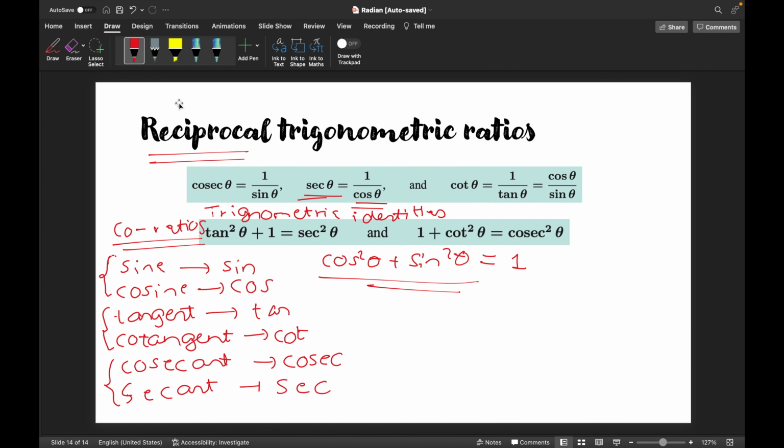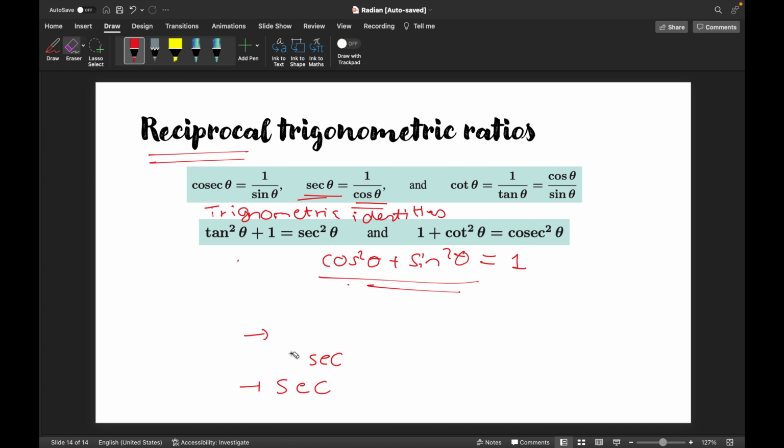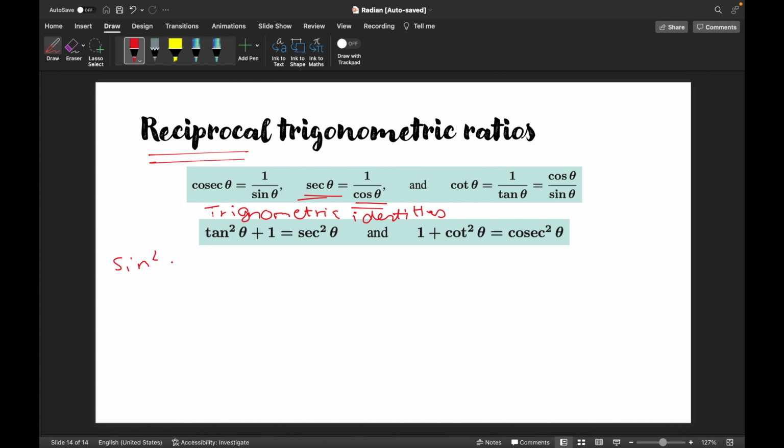Let's prove the trigonometric ratios using one of them. We have this. I'll just erase this one second. We have sine squared theta plus cos squared theta equals 1.